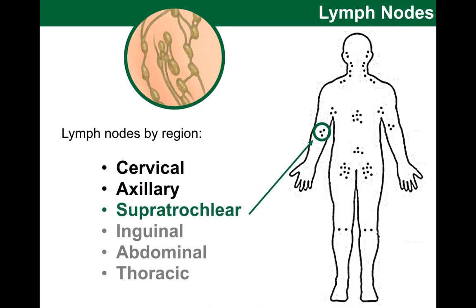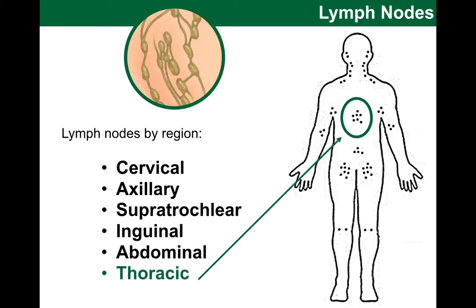Then we have supratrochlear lymph nodes above the trochlear notch, so at the cubital fossa, the opposite side of an elbow. Inguinal lymph nodes are located at the groin area, another region where it is easy to feel these lymph nodes. Abdominal is probably quite self-explanatory, I guess, so at the abdominal region.